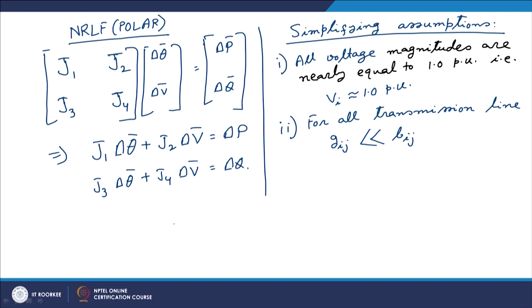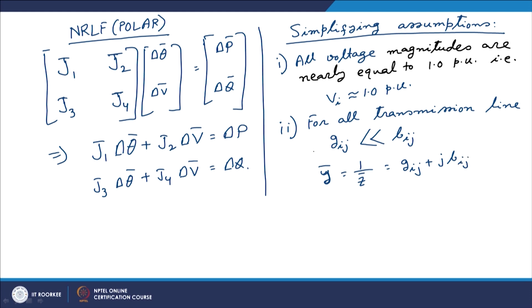What are Gij and Bij? They are the conductance and the susceptance. That is, if we take the inverse of the impedance Z, we compute Y, the line admittance, that is 1 by Z, which is equal to Gij plus j Bij.